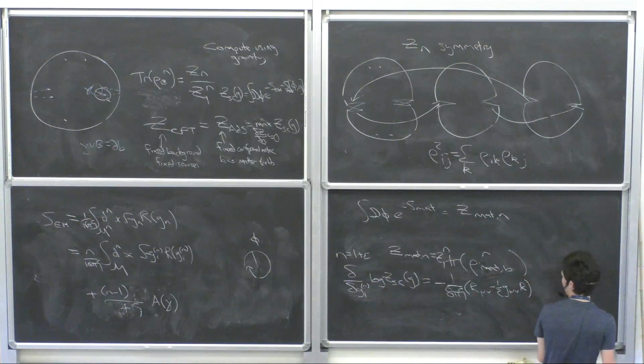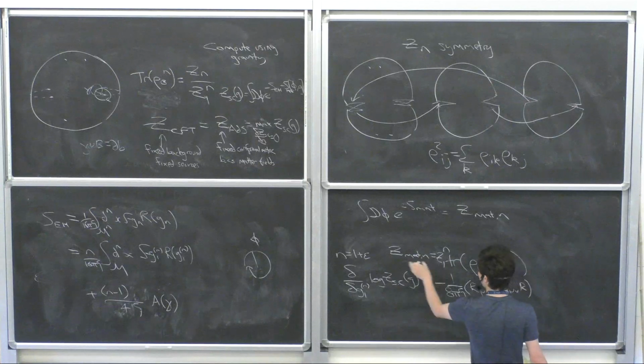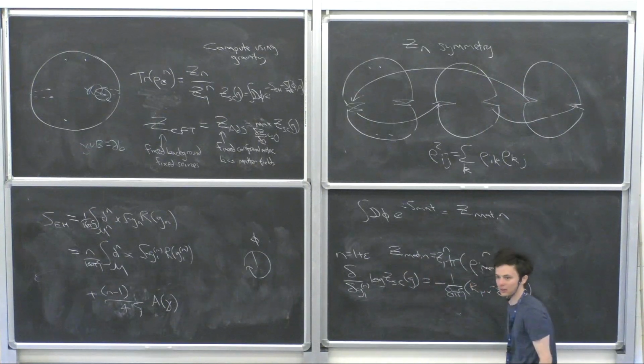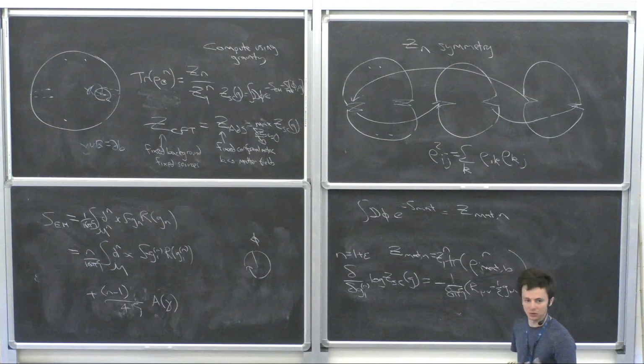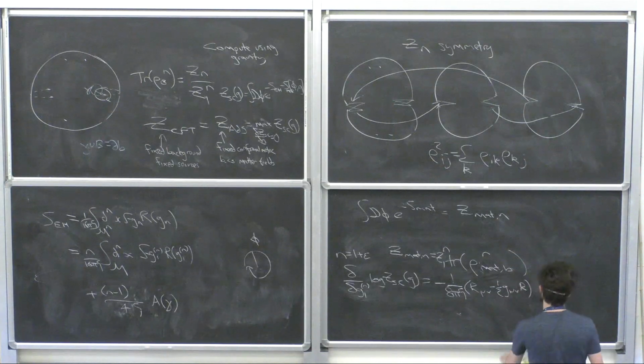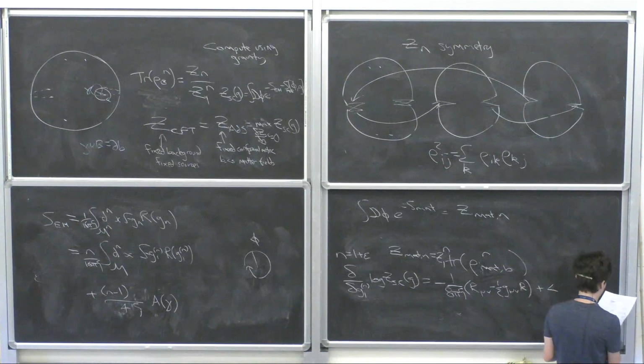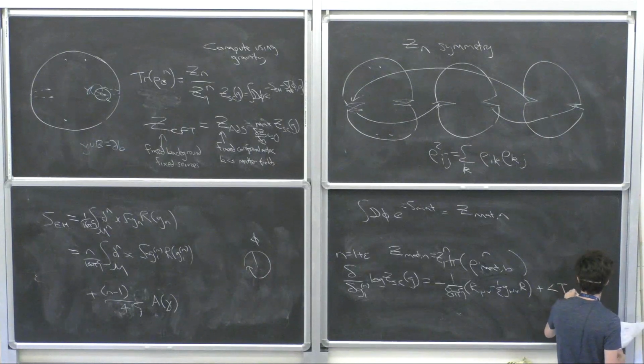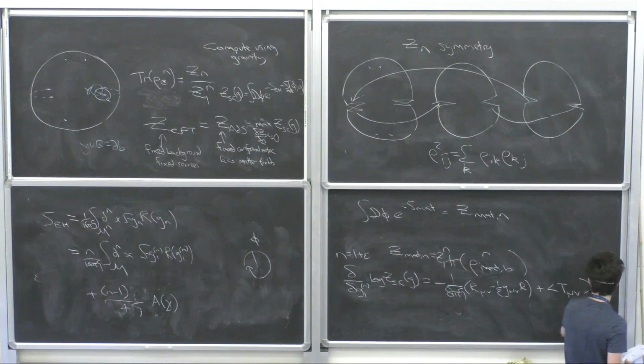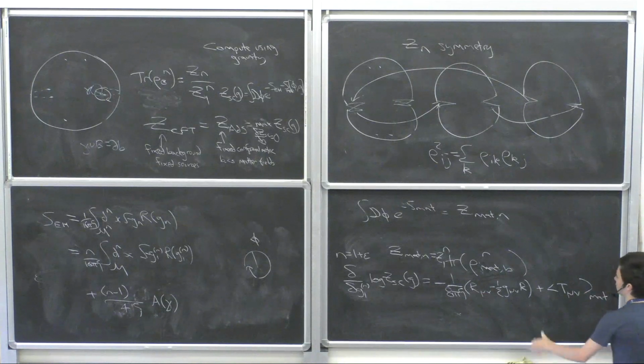And then we also have the derivative of log of Z matter of 1 with respect to the geometry. The derivative of the partition function with respect to the geometry just gives us the expectation of the energy momentum tensor in that geometry.